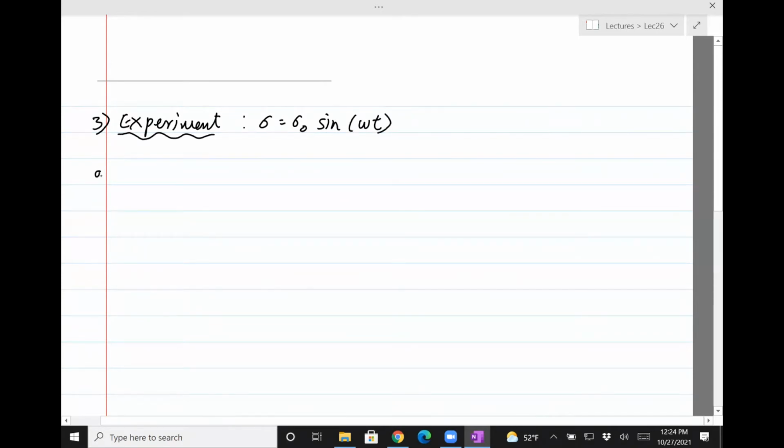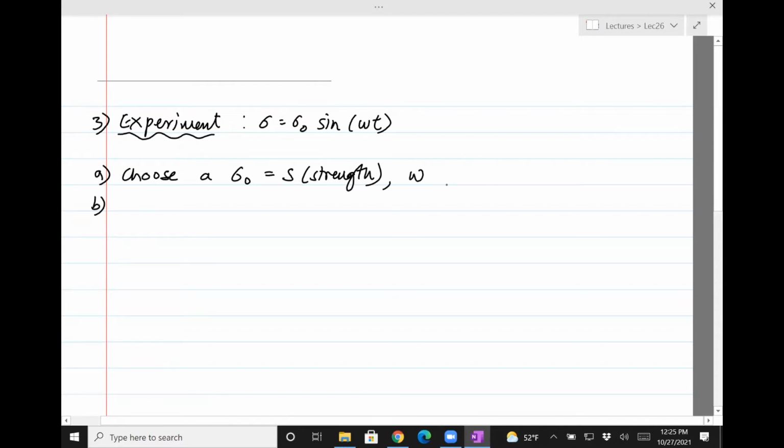The first step is to choose sigma o, and let's say that this is S, strength, because I'm going to eventually make a plot of strength versus the cycles.